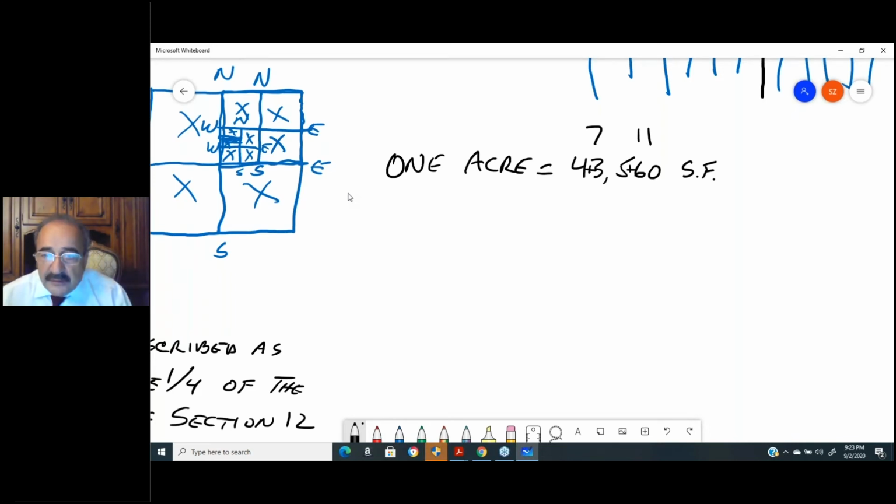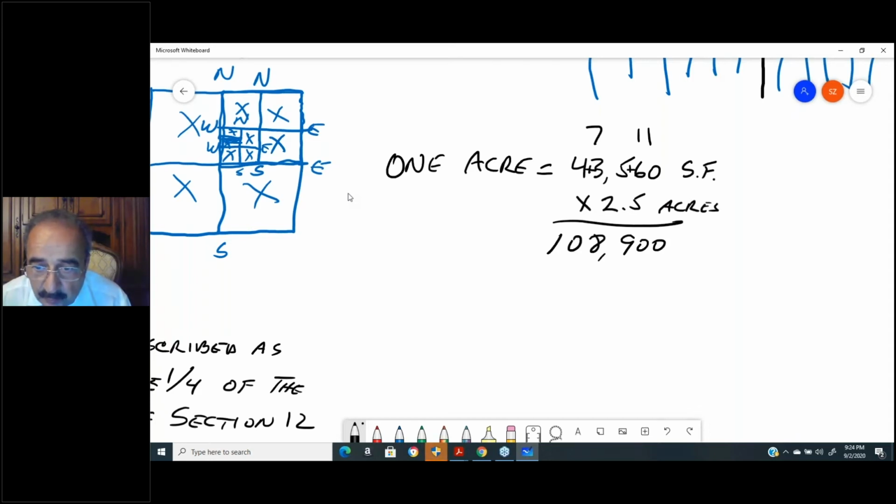So what I have to do right now, multiply 43,560 by 2.5 acres, which gives me 108,900 square feet. Now, this particular property cost $3 per square foot.